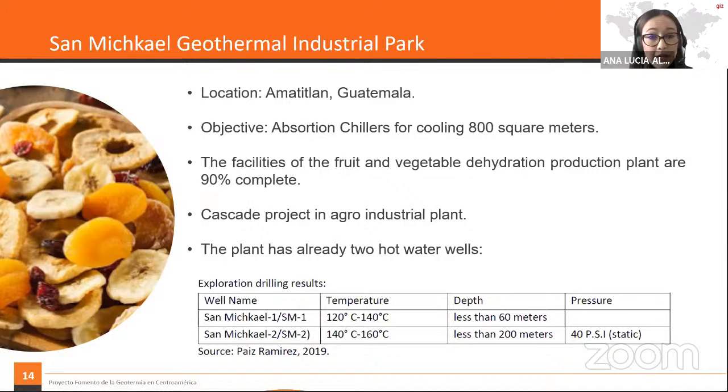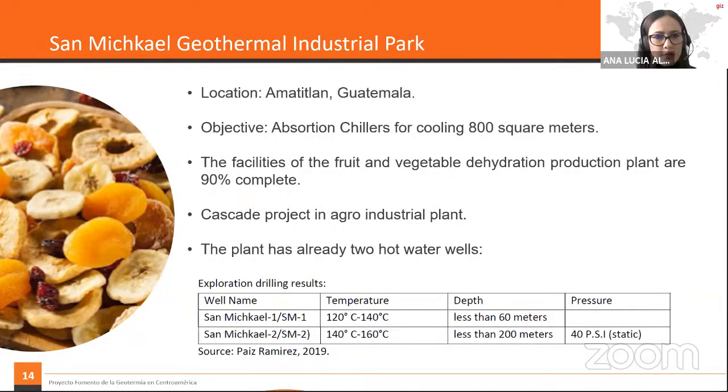Right now this project already has a stage or phase of dehydration working, and the absorption chillers will be this second phase. One part of the use of this geothermal energy is already taking place with dehydration, and the second phase will be where to store these fruits and vegetables in an adequate way, using absorption chillers and also the geothermal energy.